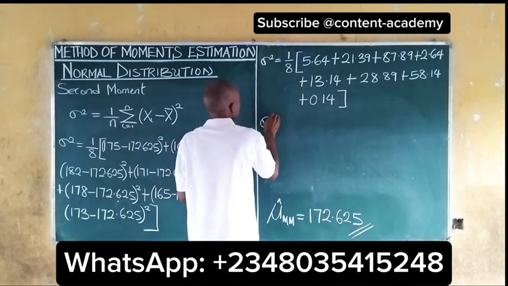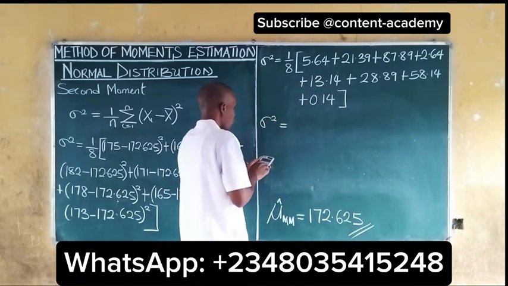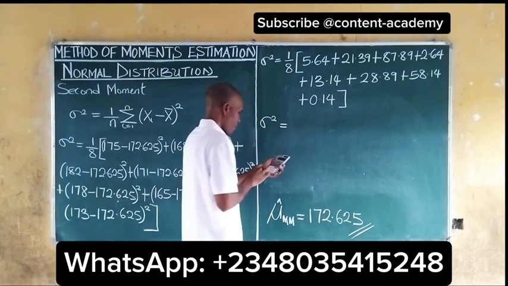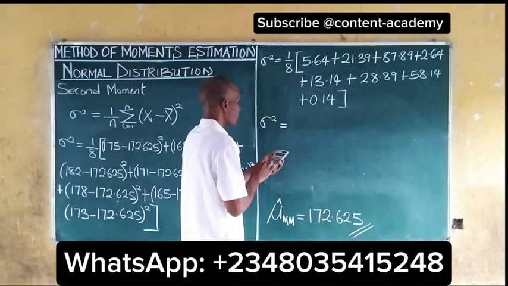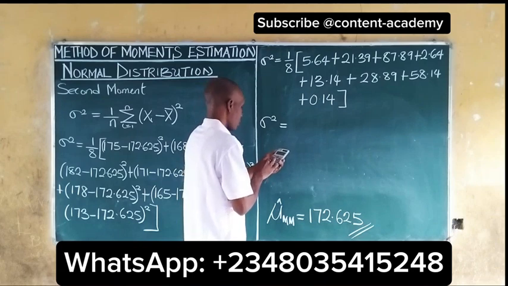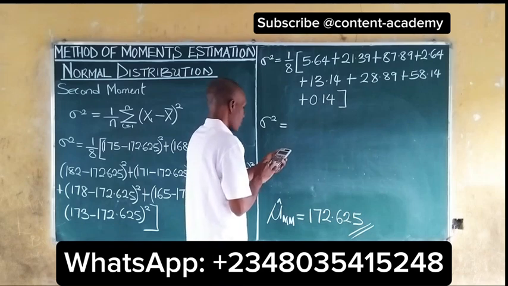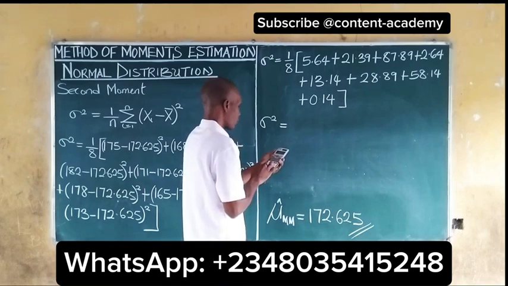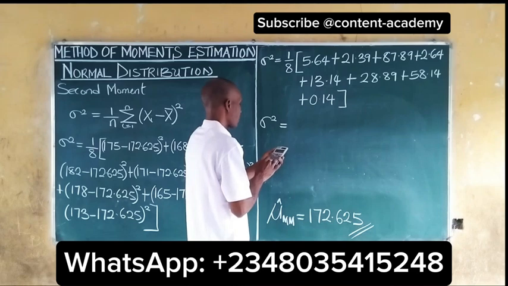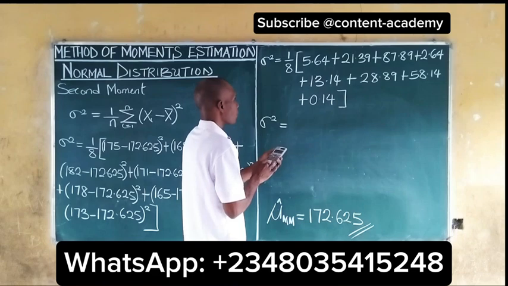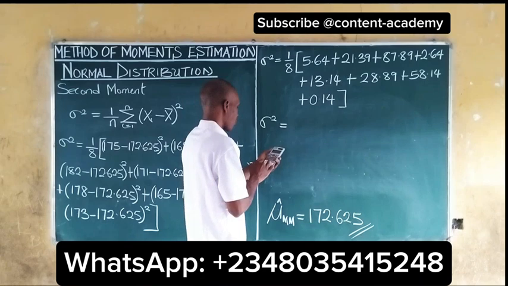So we can write our variance as 5.64 plus 21.39 plus 87.89 plus 2.64 plus 13.14 plus 28.89 plus 58.14 plus 0.14.